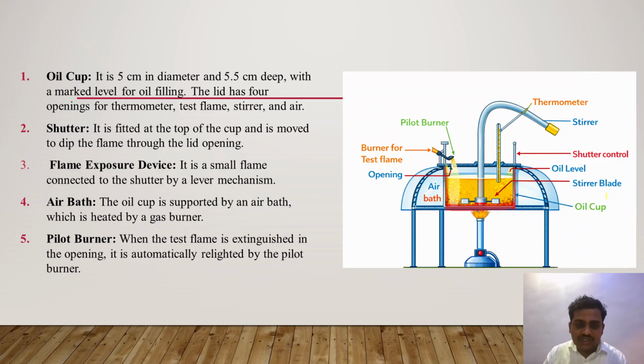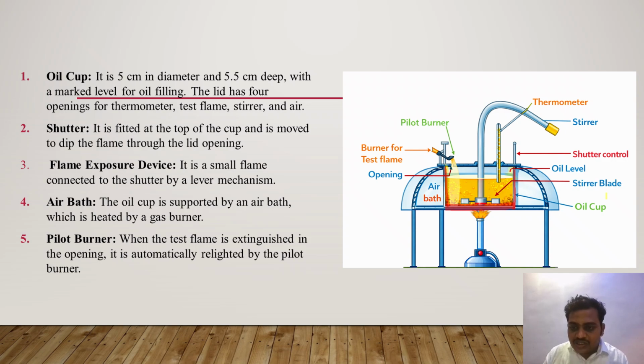Next is the flame exposure device, means this setup where we have to insert the flame. It is a small flame which is connected to the shutter by the leveler mechanism.